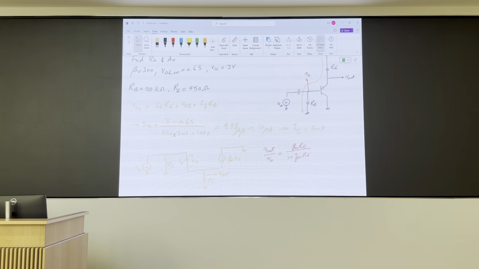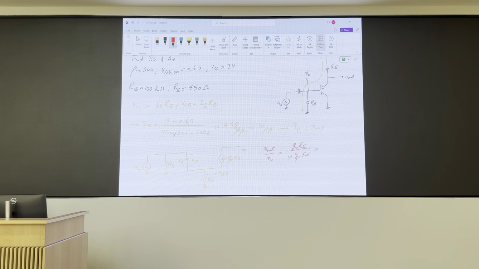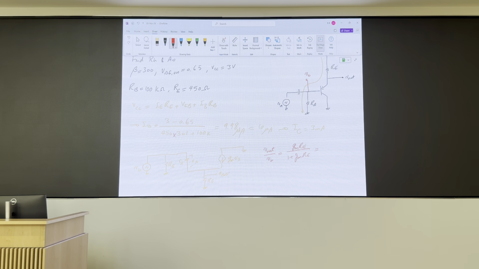Okay, so let's find values. For 3 milliamps, gm is going to be about 75 milliamps per volt. So if I do the math, this is 33.75 divided by 1 plus 33.75, and that is 0.97.